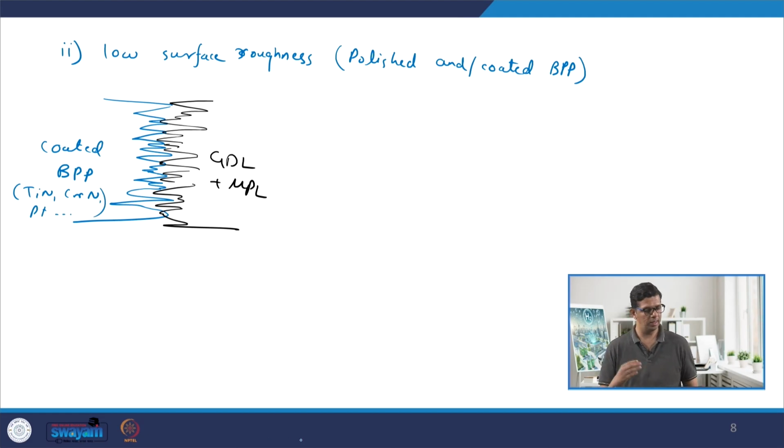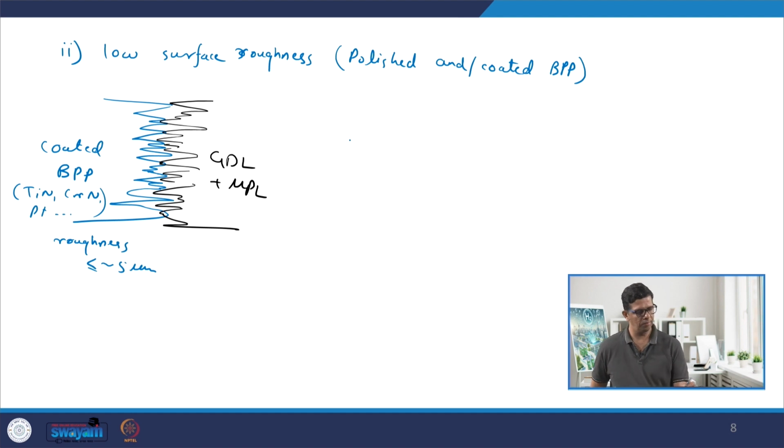So, once we have these bipolar plates coated, the roughness of the bipolar plate gets reduced drastically. So, we can say that the typical roughness is around 5 microns. So, what happens here?